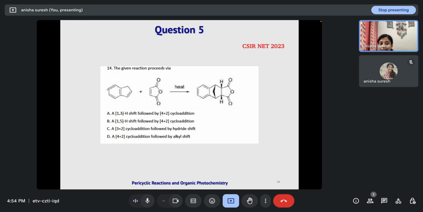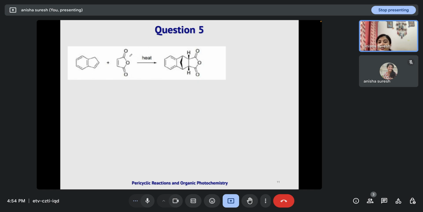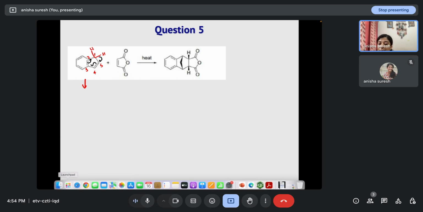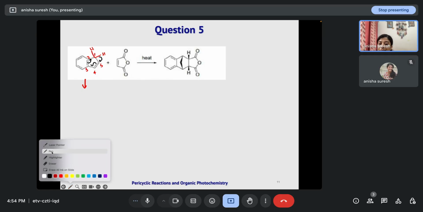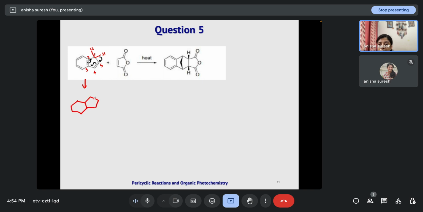Okay, let us see how this reaction is taking place. As you can see, this was the starting material. Here you can number like 1, 2, 3, 4, 5. If it will undergo a 1,5 hydrogen shift, this hydrogen is shifting like this, then what will be the product that is resulting here?